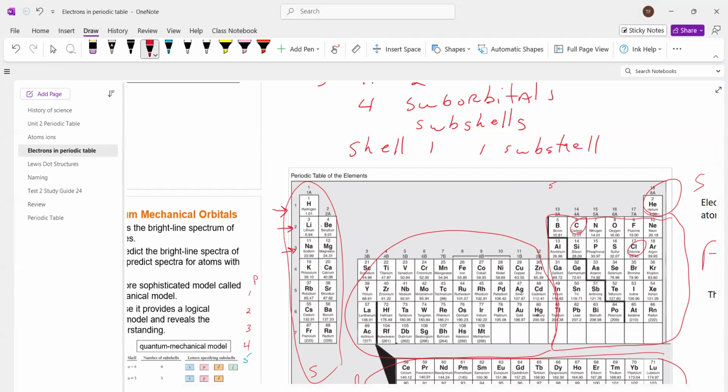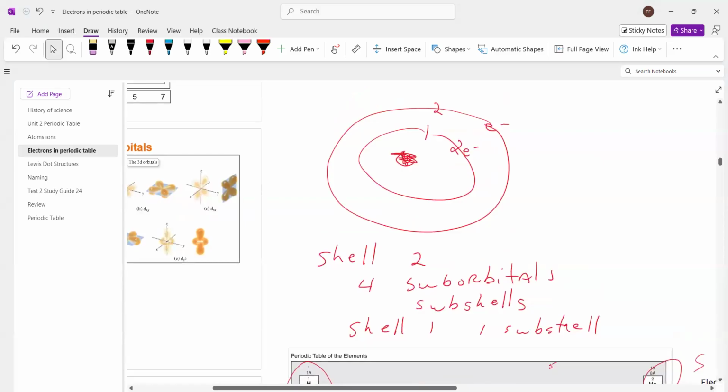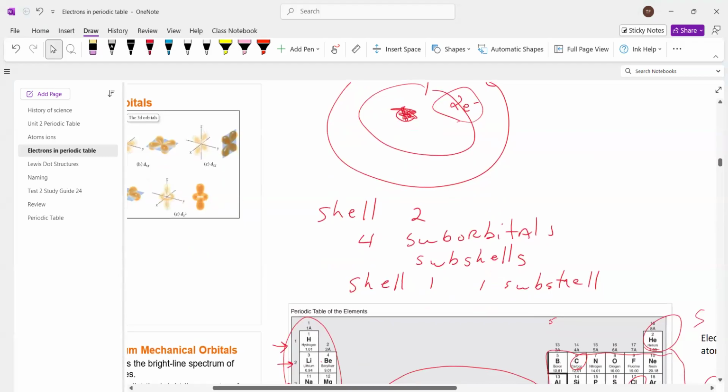So notice where lithium is. Lithium is in shell number 2. That means there are some shell 1 electrons in lithium. These guys here. So shell 1 electrons are called S block electrons. And there are 2 of them.